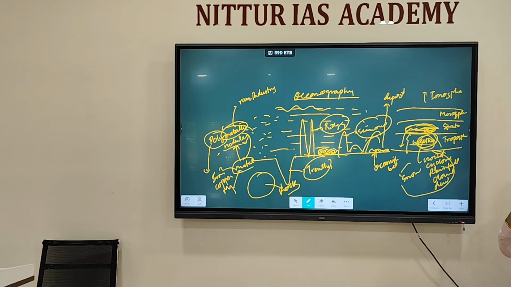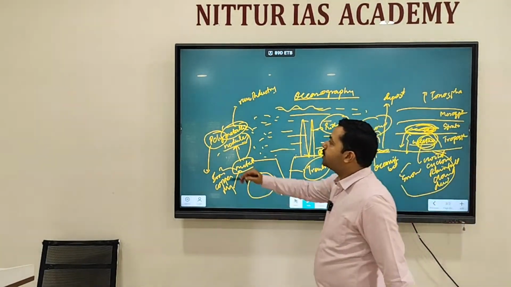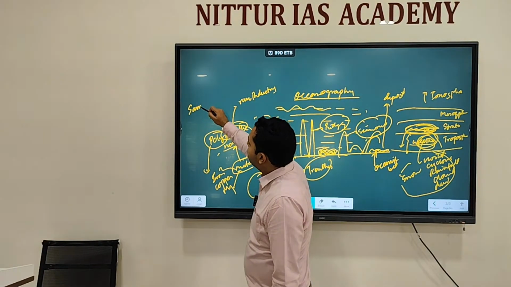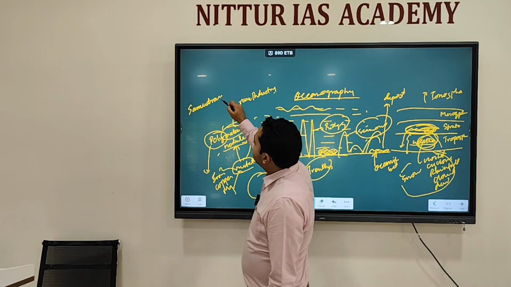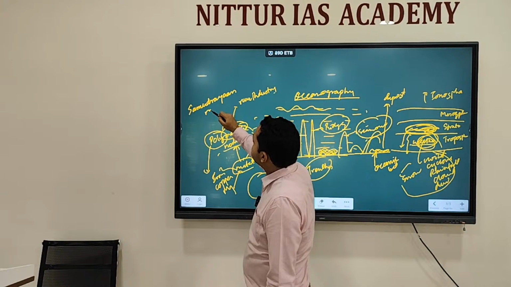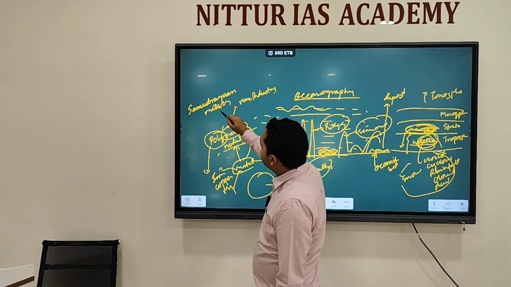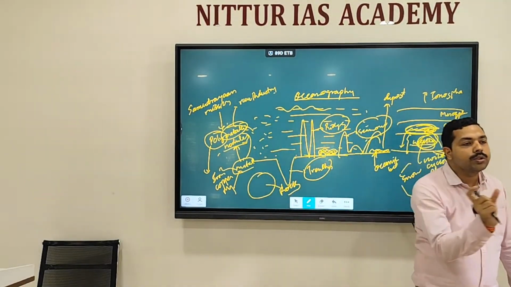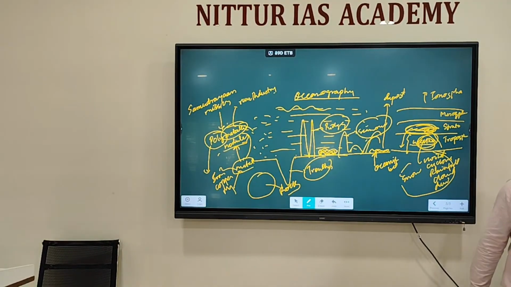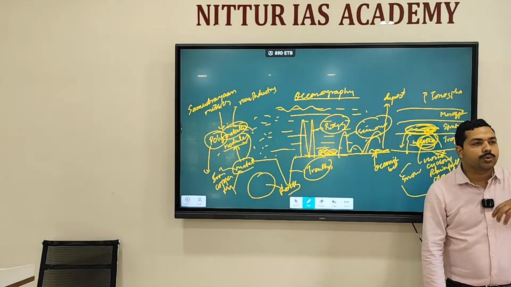Clear? This is why we are trying to explore more polymetallic nodules. That's why the government has announced a mission called the Samudrayaan mission. This mission was announced to explore these polymetallic nodules.